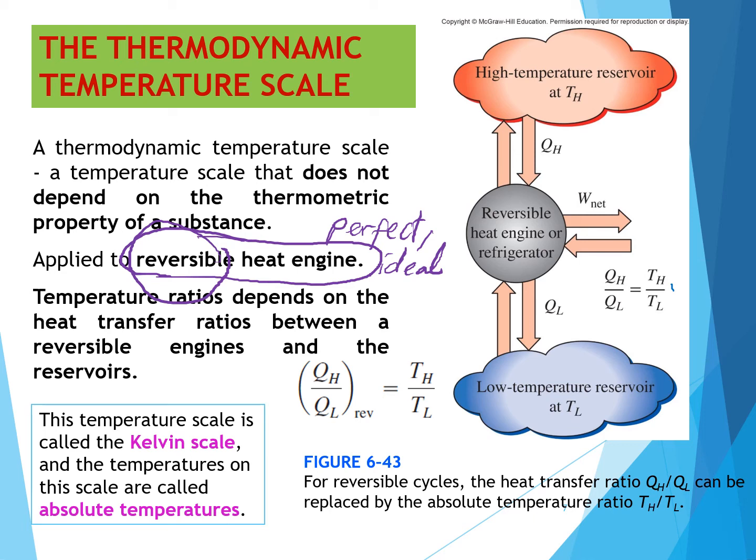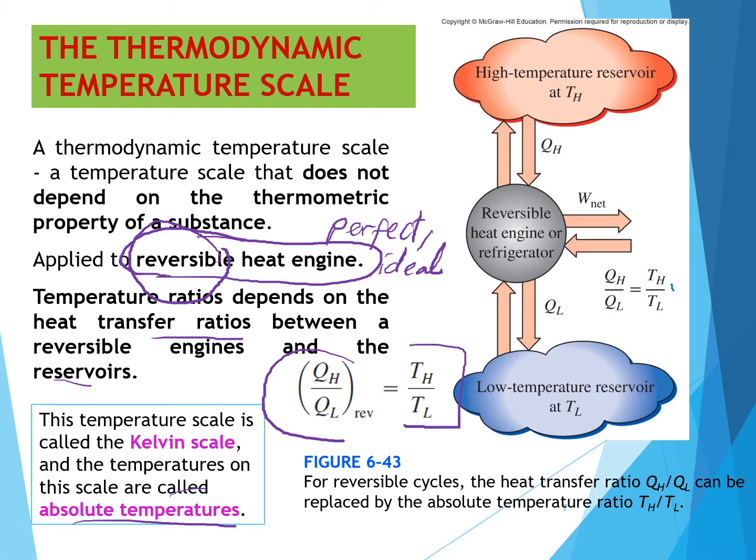According to the thermodynamic temperature scale, the temperature ratios depend on the heat transfer ratio between a reversible heat engine and the reservoir. So we can express the ratio of QH over QL as equivalent to TH over TL. This temperature scale is called the Kelvin scale, and the temperatures on the scale are called the absolute temperature.